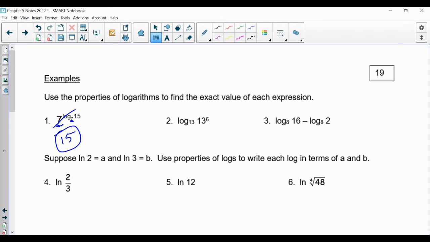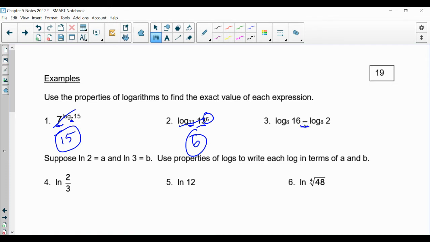Okay. Number 2, same idea. It's the same base. The base of the log, you can see it's a little subscript, so it's written smaller. The base of our exponent, they end up being the same, so you can cancel those out, and your answer is just 6.